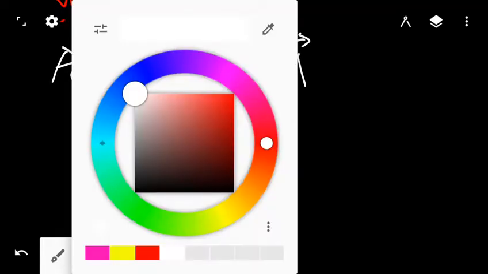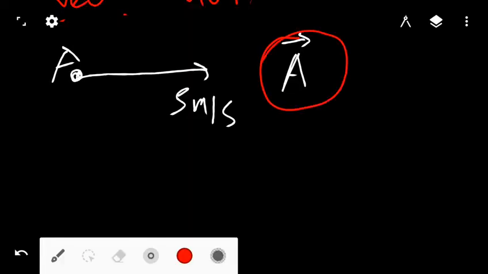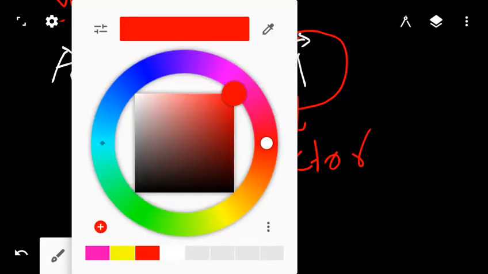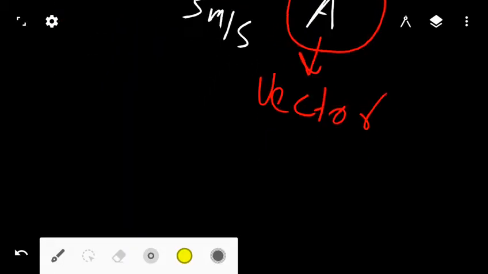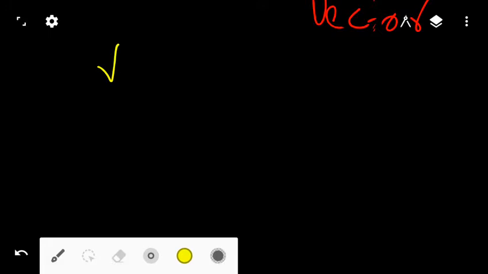So this A will be a vector. It will have an arrow on the top, so you'll know that it's not just any physical quantity, it is a vector.